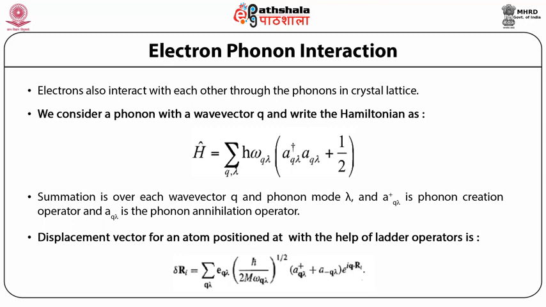This atom is placed at the ith position, and delta Ri is the displacement of that atom, and we are representing the displacement of this atom in terms of the phonon creation and annihilation operators.